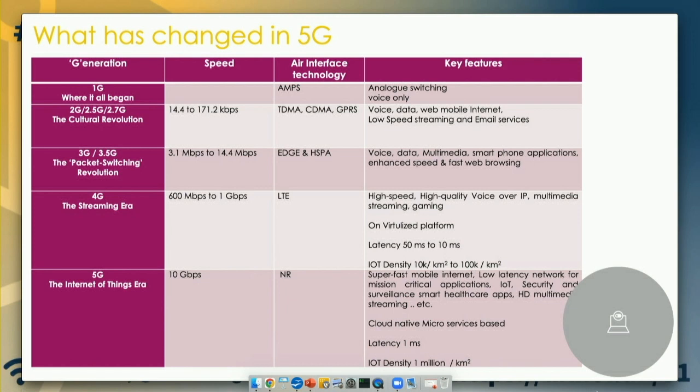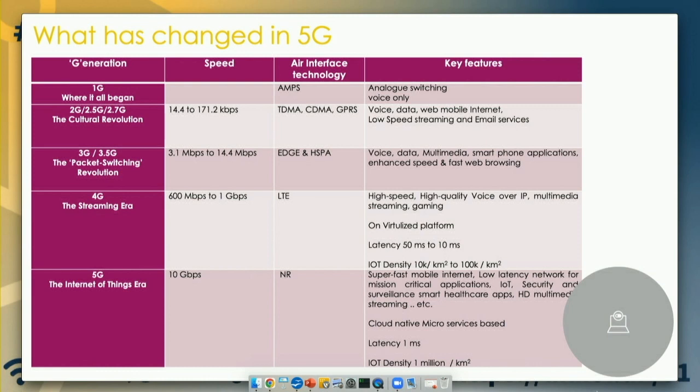And now in 5G, we are experiencing speeds up to 10 Gbps, super fast mobile internet, low latency network for mission critical applications such as IoT security, surveillance, healthcare apps, HD multimedia streaming, etc. The technology landscape has also changed in 5G to cloud native, microservices based, making it more flexible and software based.